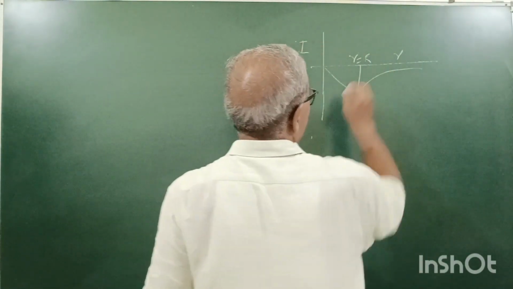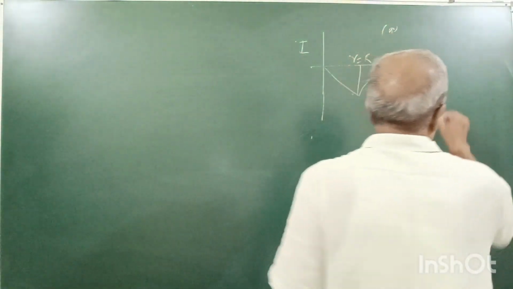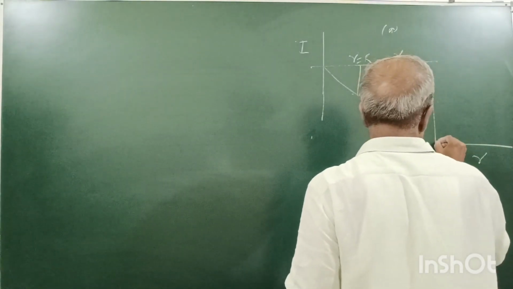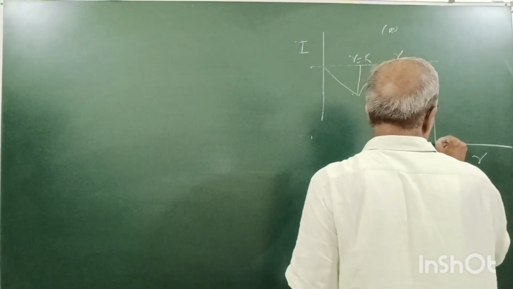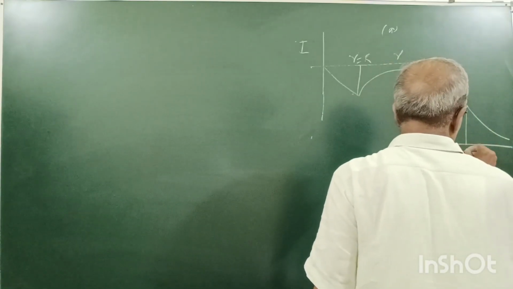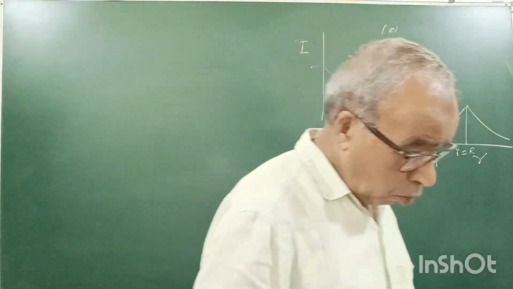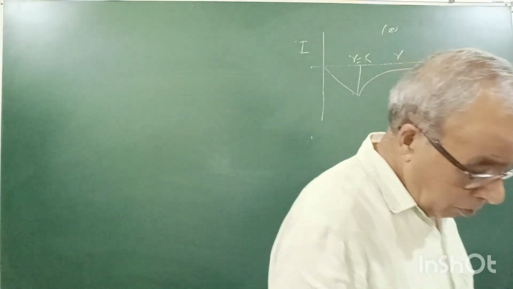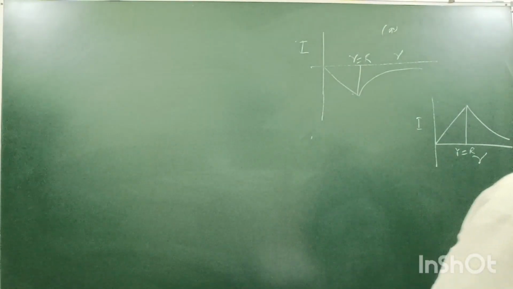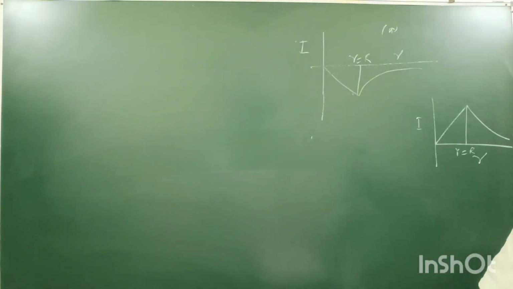Option A. What is option B? Option B like this, r and I, like this. Again r equal to RE, radius of Earth. And for any other body, the dependence of intensity of gravitational field of the Earth and the distance will be shown.